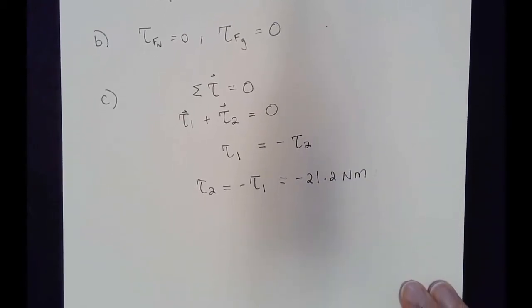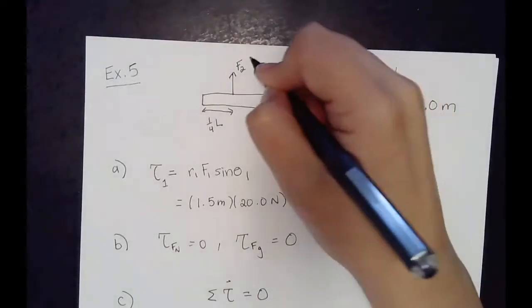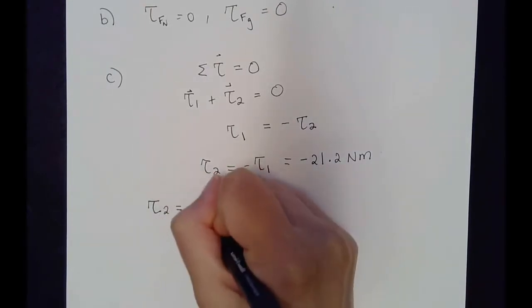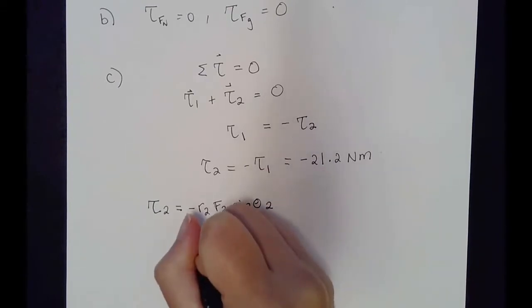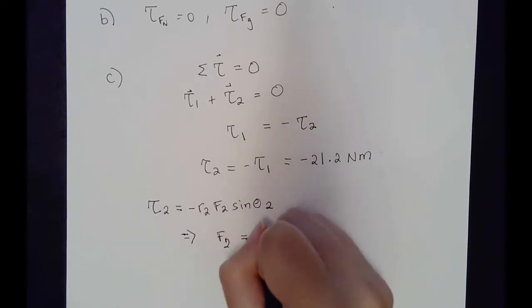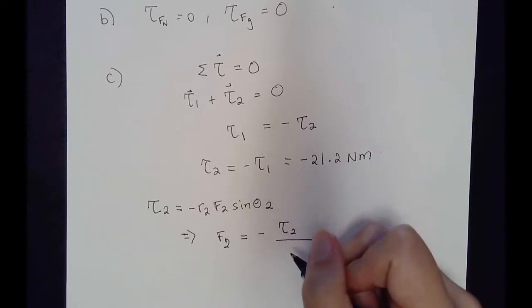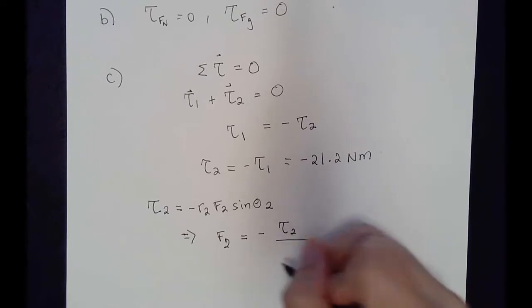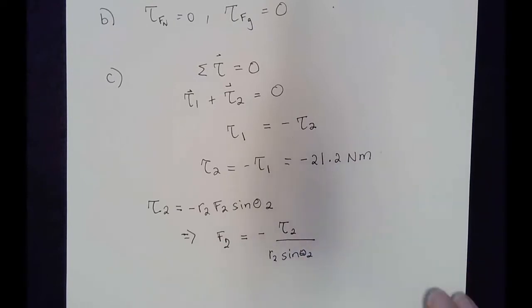And now writing the relationship for that torque, torque 2, going back to the diagram, it would pull the object this way, which is clockwise, so that's a negative torque. So we have negative R2 F2 sine theta 2. And now we can solve. So we have F2 equals negative torque 2 over R2 sine theta 2.